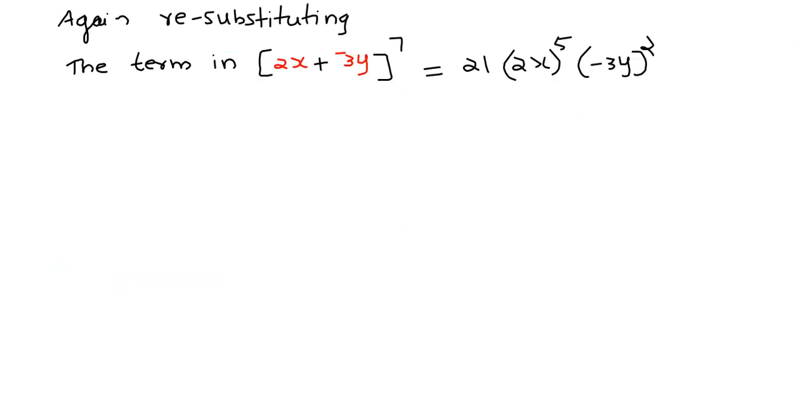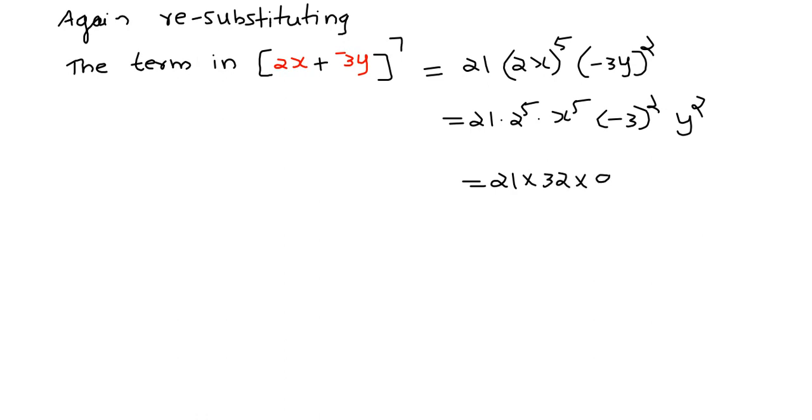That is 21 into 2 raised to 5 into x raised to 5 into (minus 3) square into y square. That is 21 into 32 into minus 3 ന്റെ സ്ക്വയർ 9 അല്ലേ, into x raised to 5 y square. അപ്പോ ഇതെല്ലാം മൾട്ടിപ്ലൈ ചെയ്യുമ്പോൾ 6048 x raised to 5 y square.